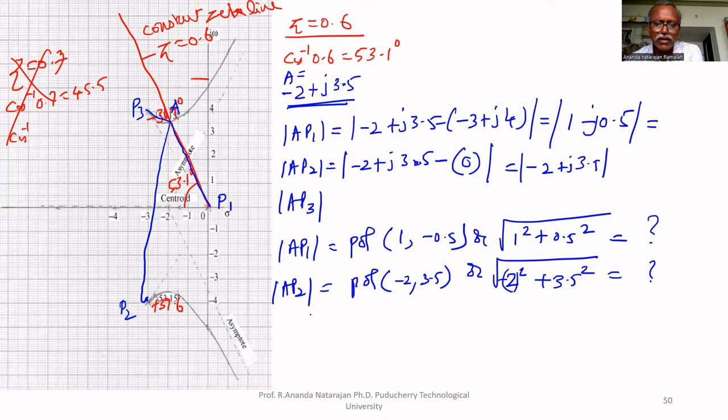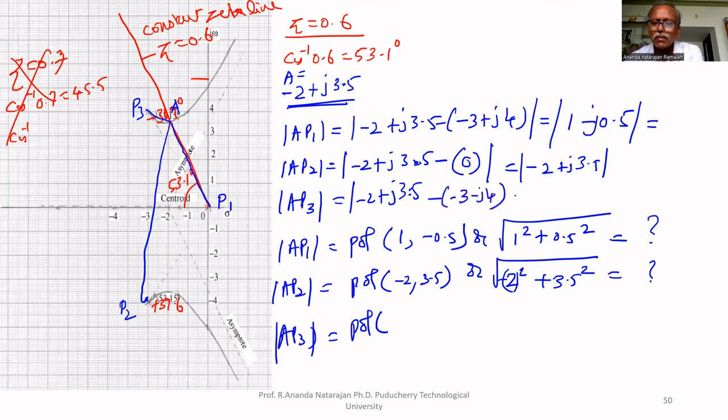AP3 equal to modulus of minus 2 plus j3.5, that is the point A, minus the pole coordinate, minus 3 minus j4.